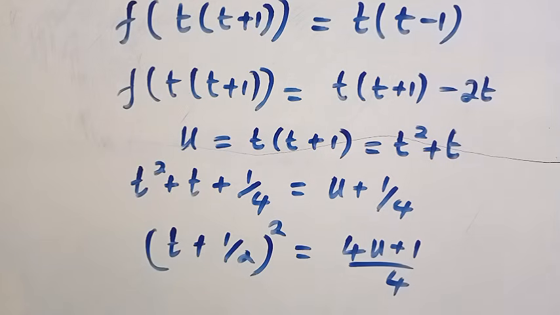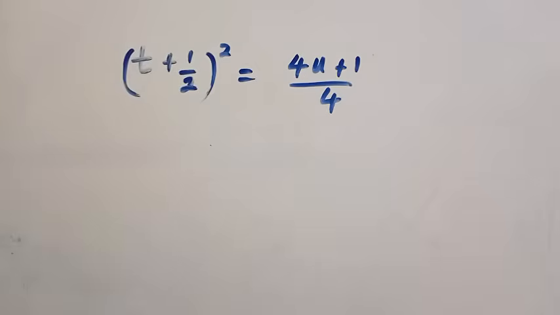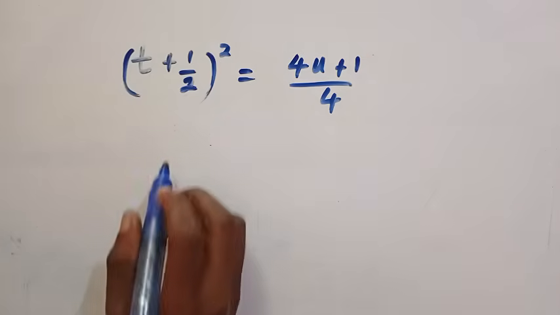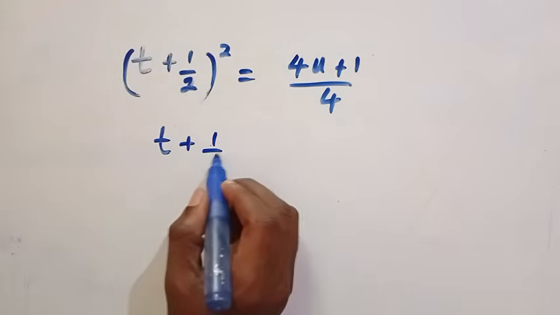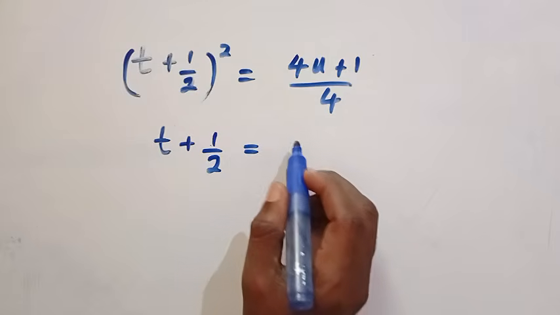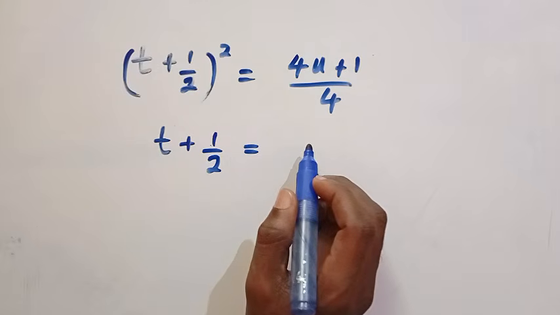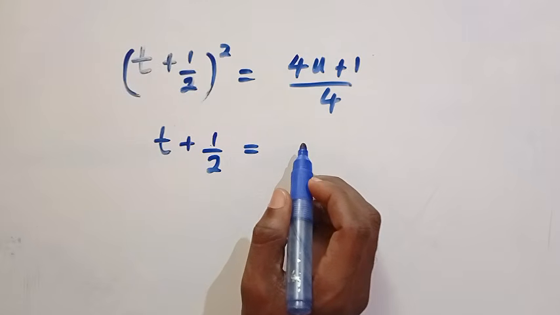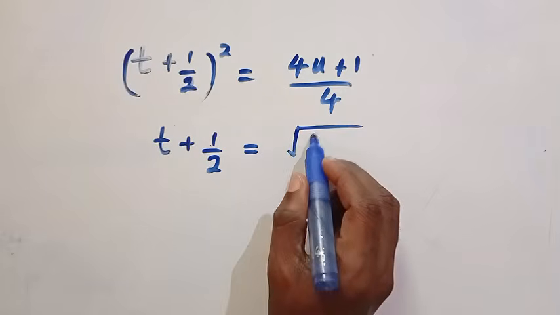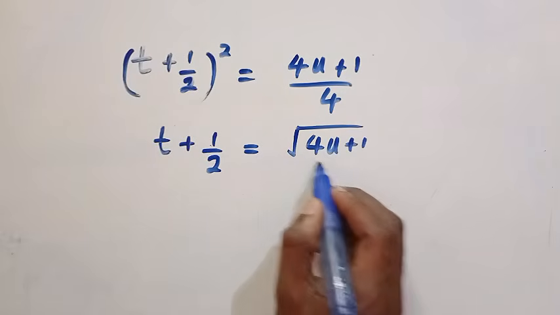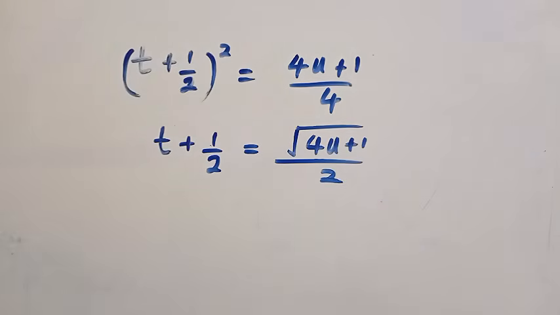By taking the square root of both sides, we have t plus 1 over 2 equals the square root of 4u plus 1 divided by 2.